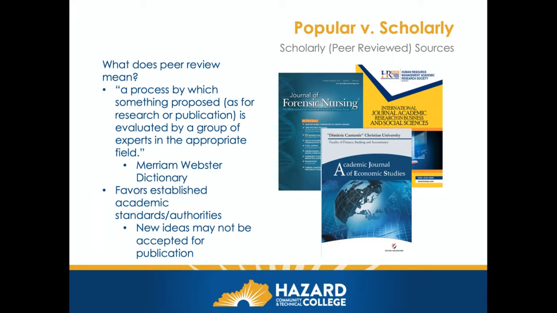And a lot of times we also don't even have access to the newest research. There is what's called an embargo. So anything published within the last year, we can't access until a year later. So scholarly journals, these will favor established standards, established authorities.